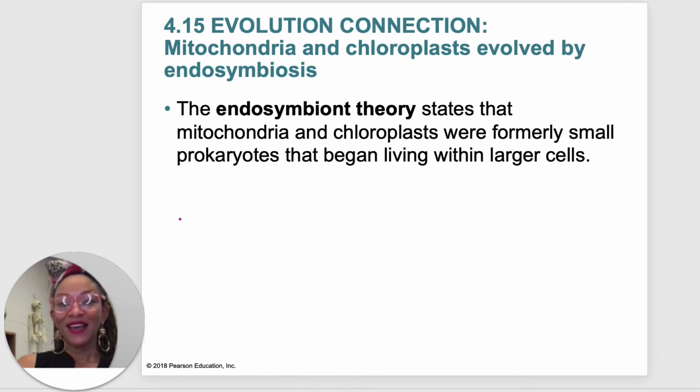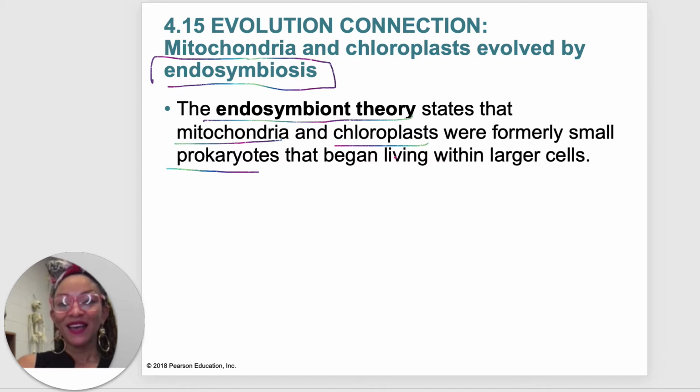All right, so there is a theory that we talk about with evolution, that mitochondria and chloroplasts evolved by something called endosymbiosis, which refers to the endosymbiotic theory that states that mitochondria and chloroplasts were formerly small prokaryotes that were kind of ingested into living larger cells.